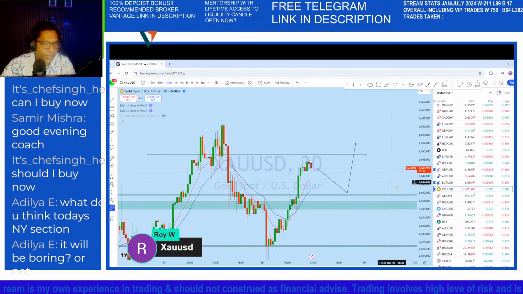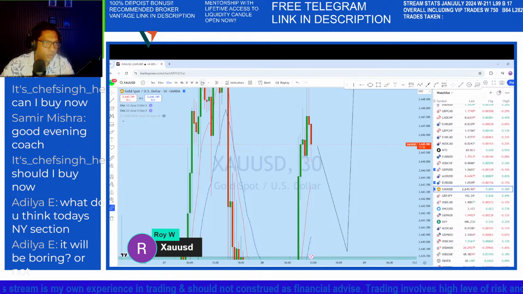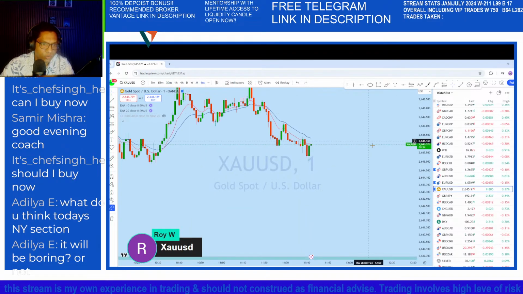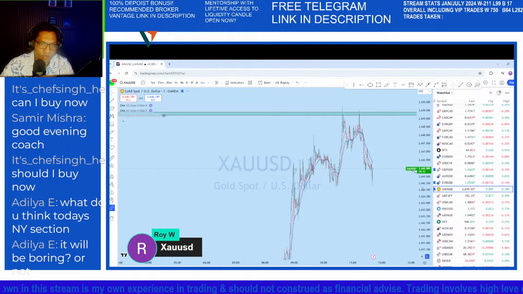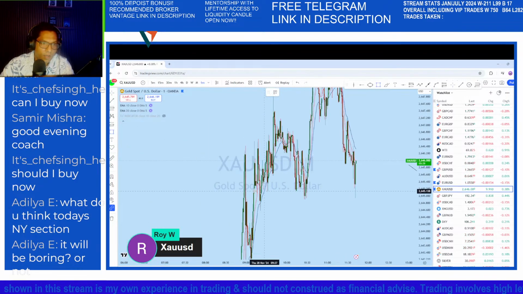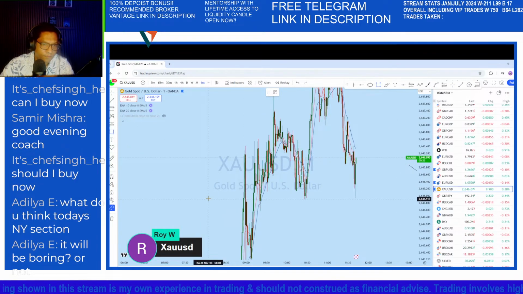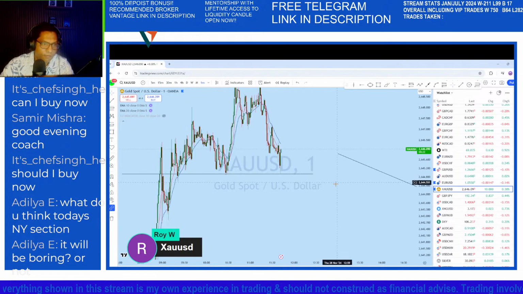So looking again at gold, XAU/USD, you can see from here this is a support level, and from that support, one support here.